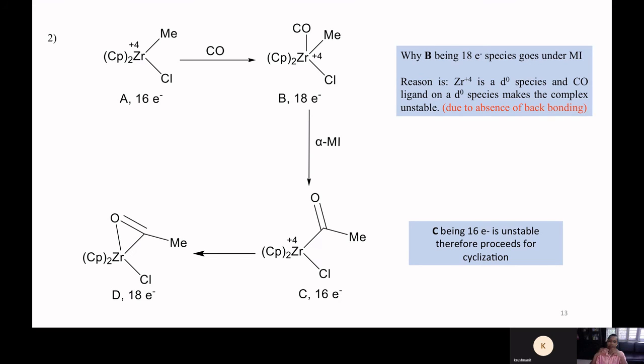So look at these two cases. You will see the versatility of this CO addition depending on the electronic structure and the type of ligand you have. The beauty of these different intermediates or complexes will dictate the product formation.